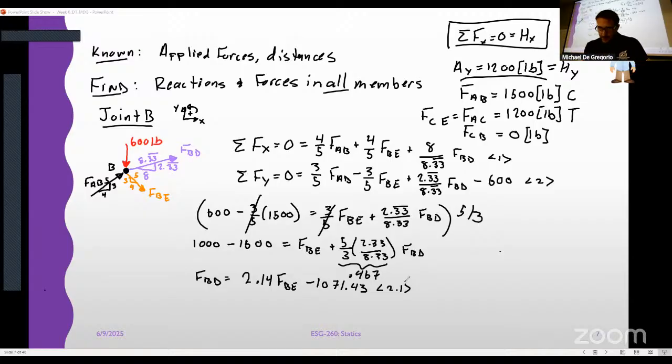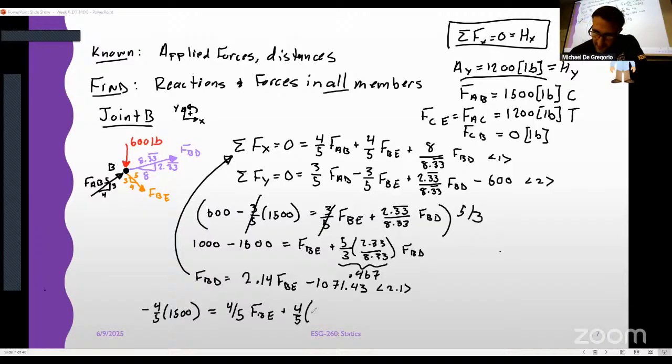Okay, so we take that and we plug this into the X direction equation, right? So let's see. That's going to be negative 4/5 of 1,500. I'm moving the FAB component over. Is equal to 4/5 of FBE plus 4/5 of this gross expression down here.